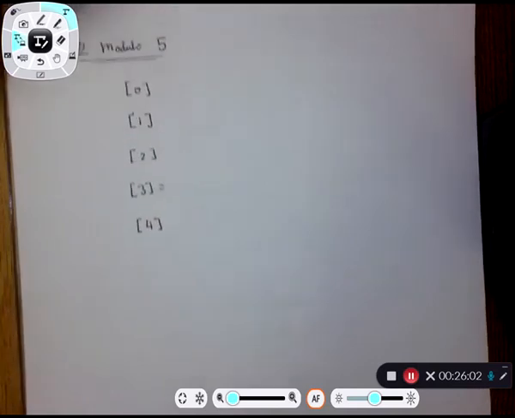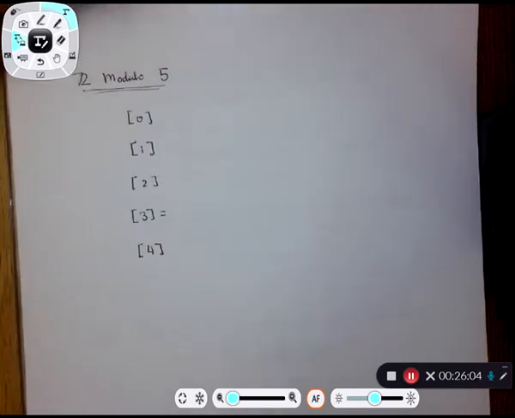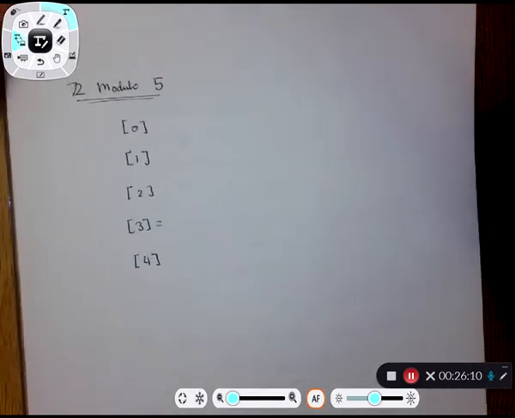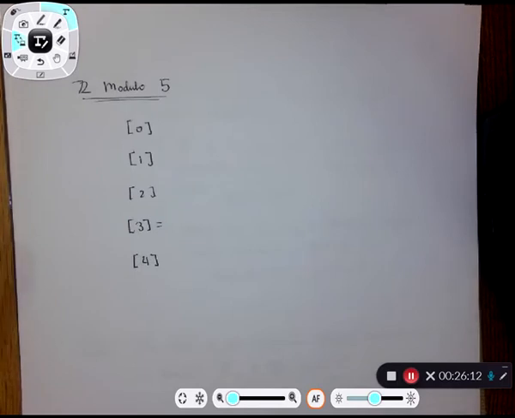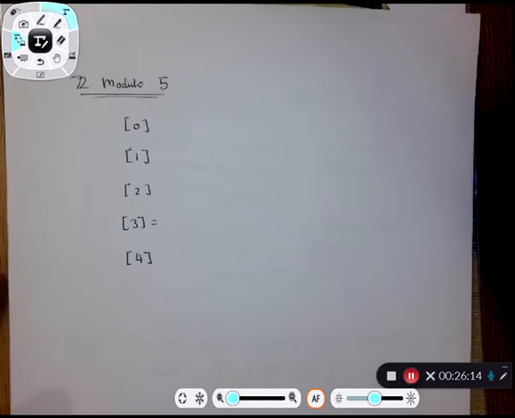So, in that setting, let me set you up with this one. I want to look at the idea of modulo 5. Z mod 5, Z modulo 5. I want to look at each one of these equivalence classes. Equivalence class 0, equivalence class 1, equivalence class 2.